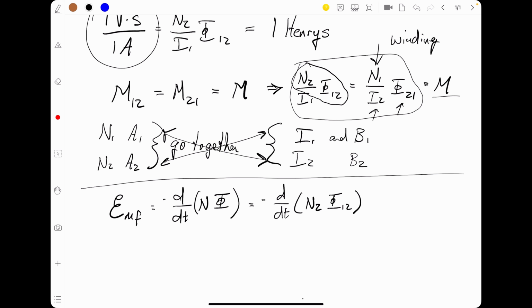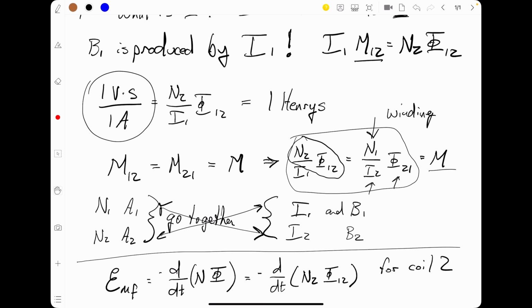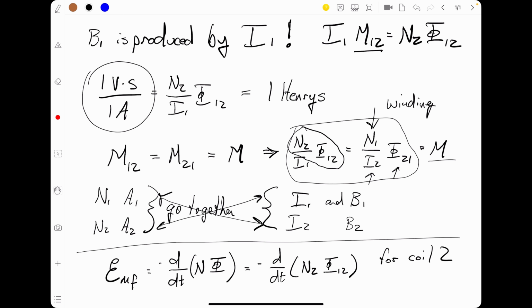So I can get an EMF from that. And this is the EMF for coil 2. Okay? Because we're dealing with, let's just come back up here. Well, it's obvious. We're dealing with B1, right?